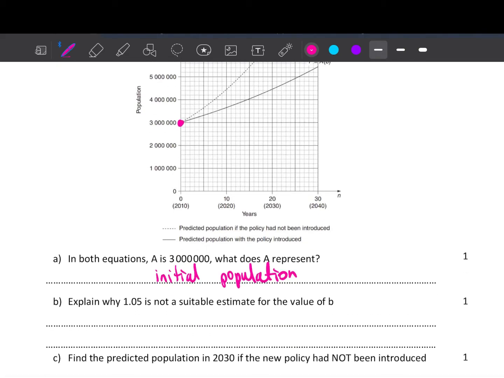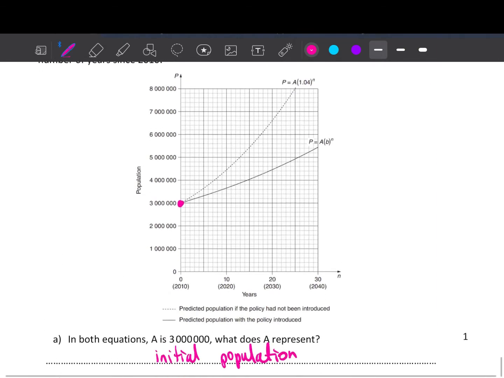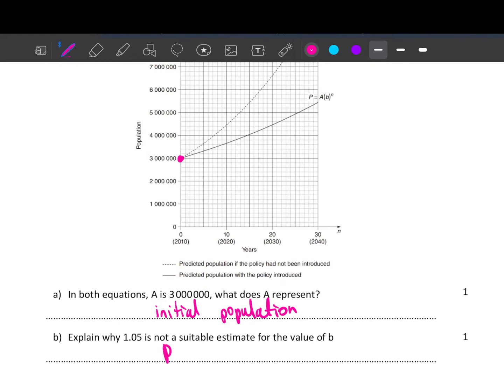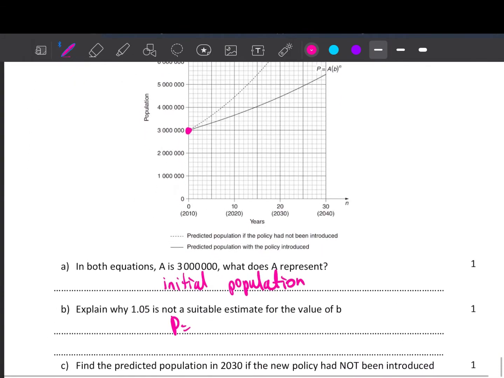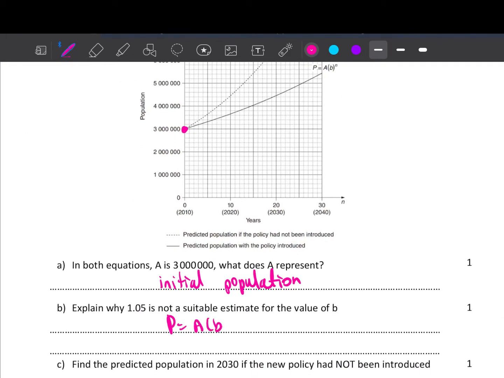Explain why 1.05 is not a suitable estimate for the value of B. Now, for the second equation, we've got P is equal to A(B)^n. Now, we're saying if B had the value of 1.05, it would look like this.